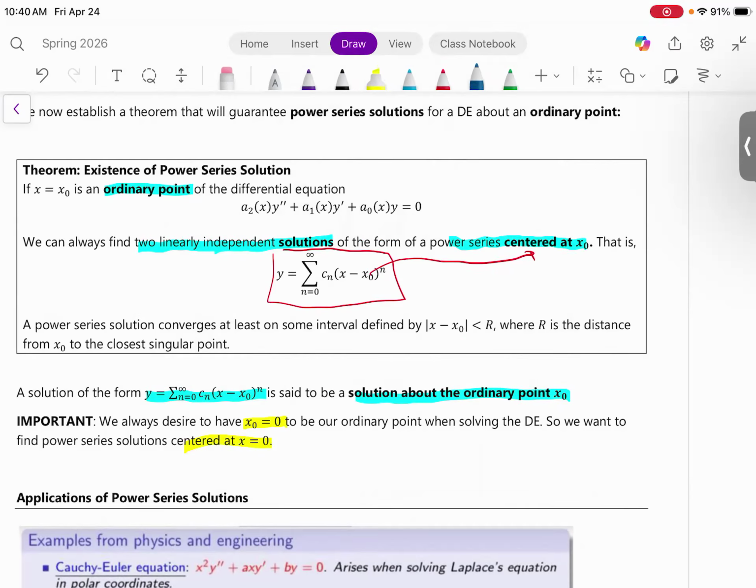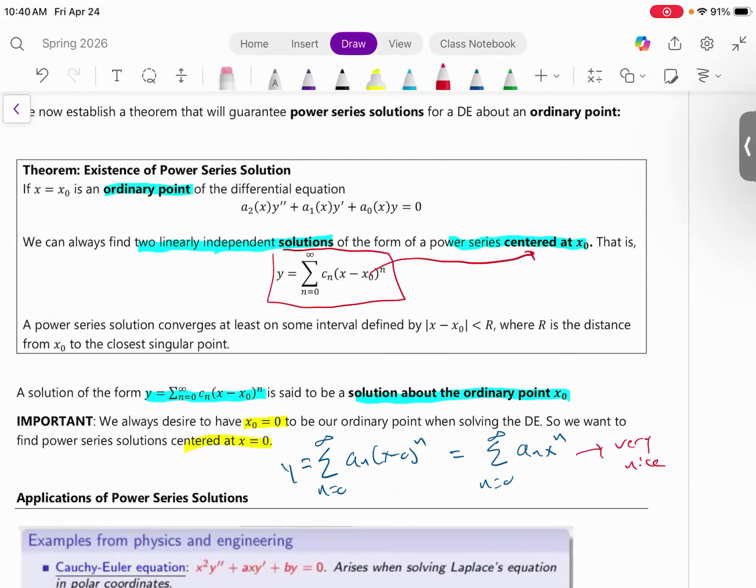If we have a power series solution like a sub n times x minus 0 to the n, well, that's just a sub n x to the n, and that's a lot easier to work with. So that's what we strive for.